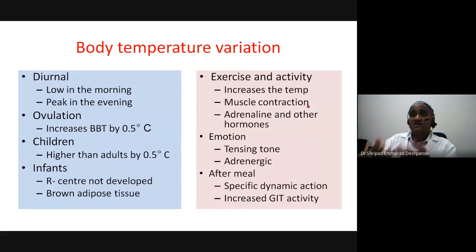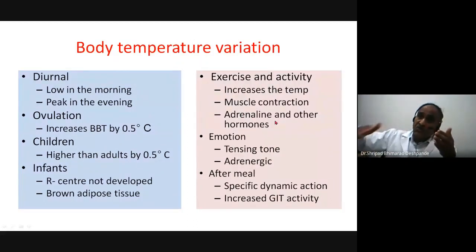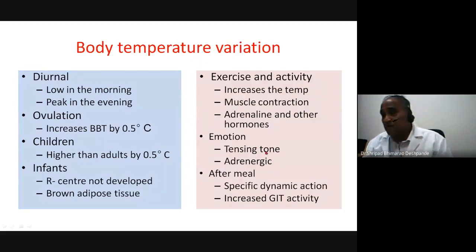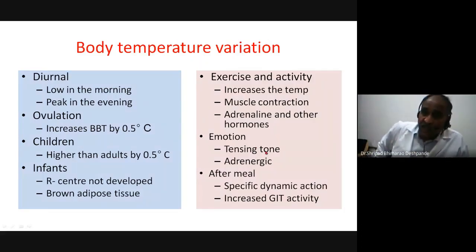Then in exercise, there is a release of hormones like adrenaline, growth hormone, thyroxine, and a number of heat regulating hormones. So you get an increased body temperature after exercise. But anyway, you cool down in relation to time. Now similarly, emotions. You have positive emotions and negative emotions.